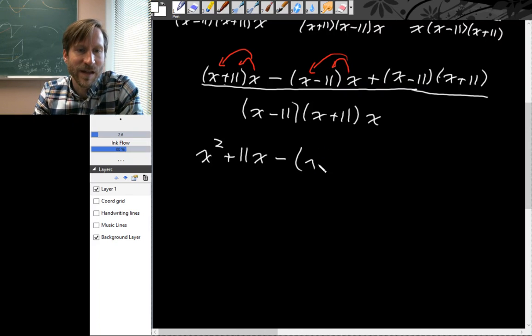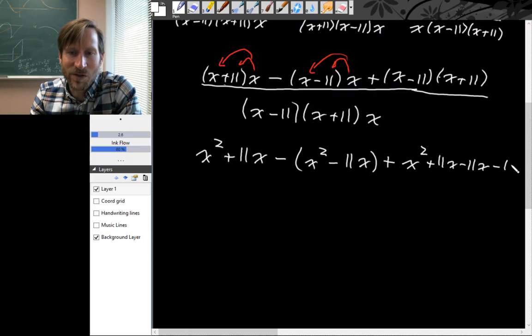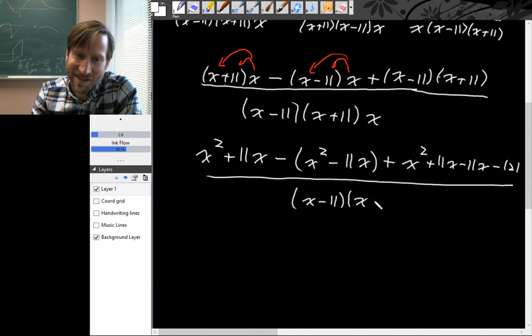We get x squared minus 11x, plus, and in this last one, we have to multiply this all out. You get x squared plus 11x minus 11x minus 11 times 11, that's 121, all over the same denominator, x minus 11 times x plus 11 times x.